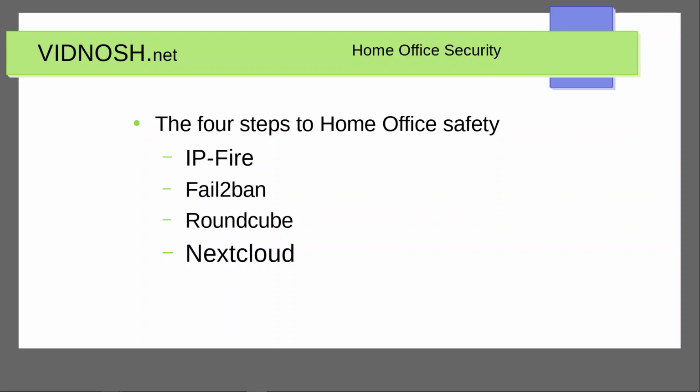Today is our third episode in our home office suite, and let's talk about the 4 steps to home office security. The 4 cornerstones of home office security when it comes to software packages are, in my opinion, IPFire, Fail2Ban, Roundcube, and Nextcloud.